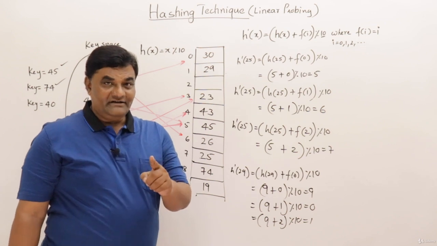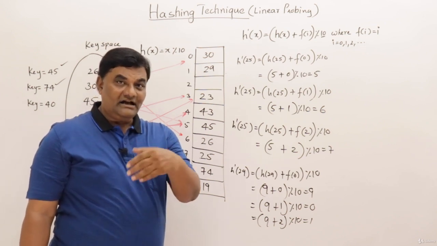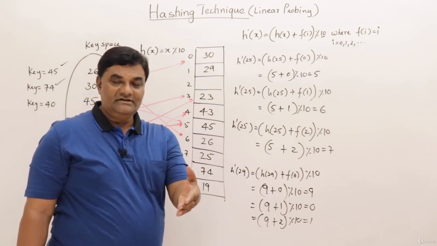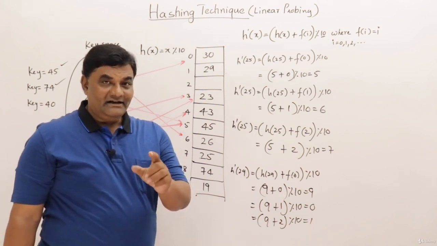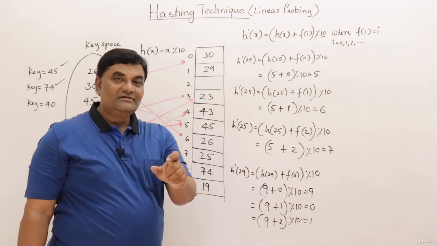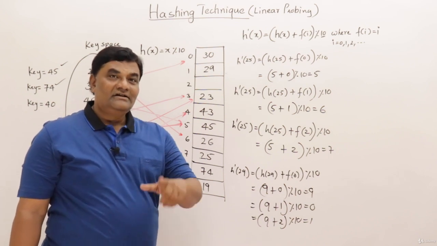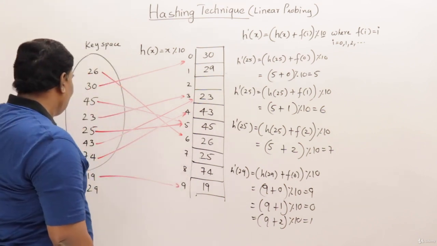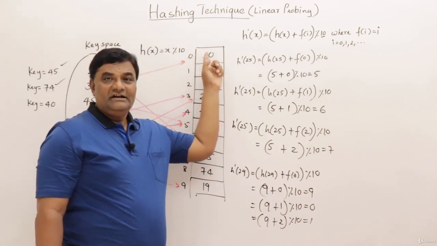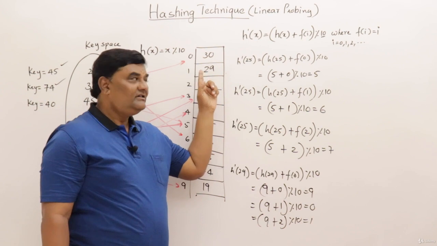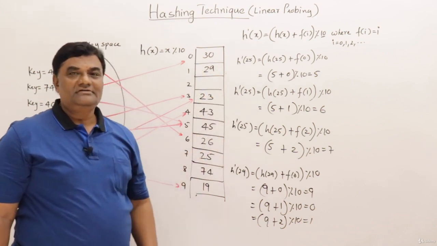Listen carefully. I know you got one doubt. You will get the answer to it. Listen once again. When a key is being searched, use the hash function, go to that index. If it's not equal, go to the next; not equal, next; empty place, stop.